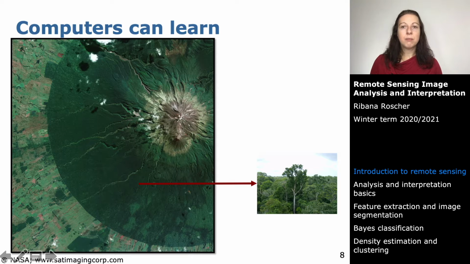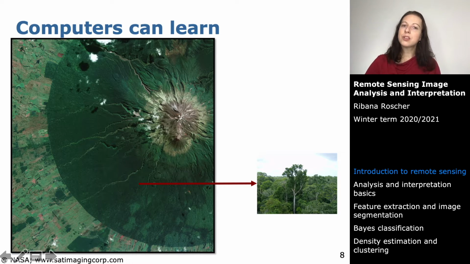You can teach them to learn. So what you do is you show the computer a few pictures of a certain land cover, let's say forest, so it can learn a model, and this model can describe what forest looks like. So the computer can learn that forest is green and it has some irregular structure.